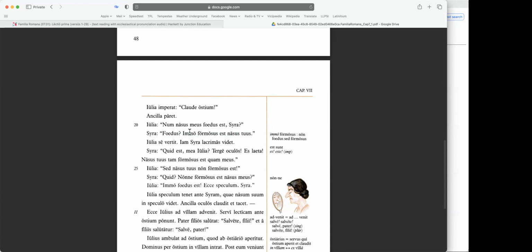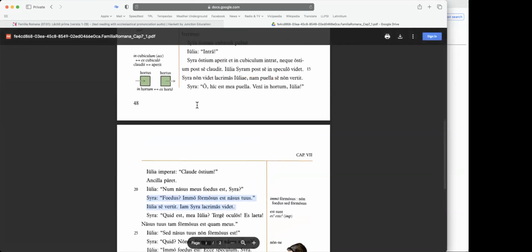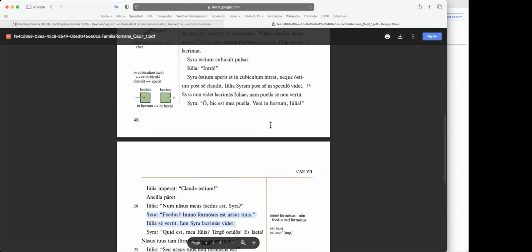You may have been used to IMHO in texting, in my humble opinion. Don't confuse IMHO with IMNO, which means, as Teresa said, you're disagreeing with that statement. Any questions first on any of that?